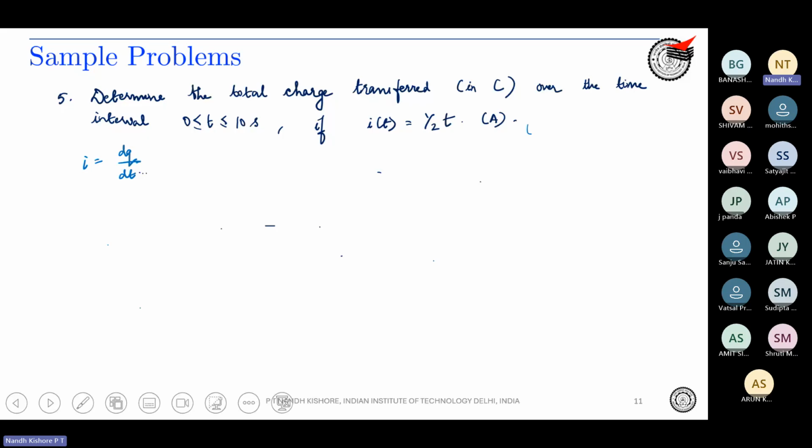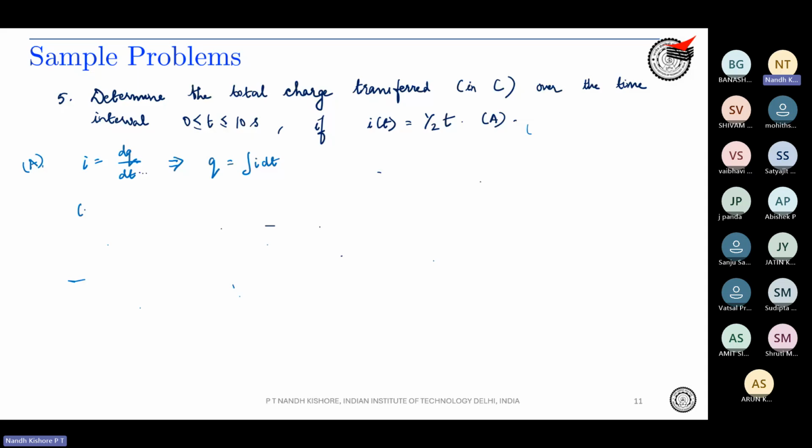Actually, that is the definition. So from this, you get that Q is basically the integral of I dt. So this is your charge. Basically, we have to integrate, right? So this is one method of doing it.